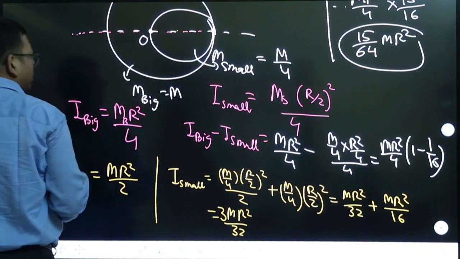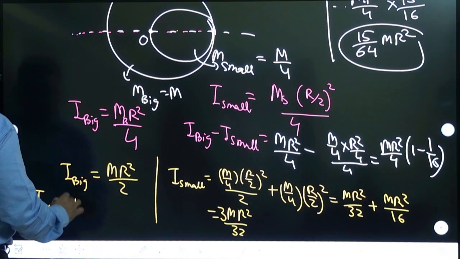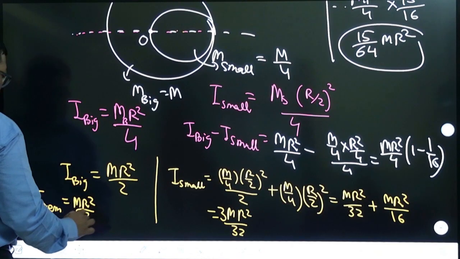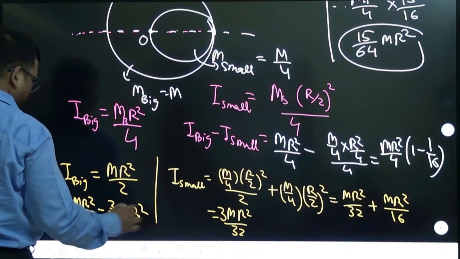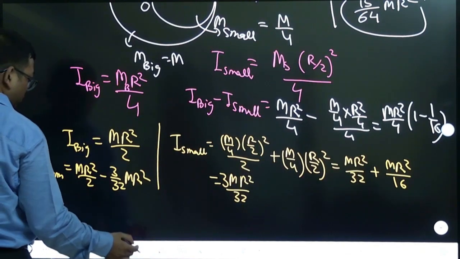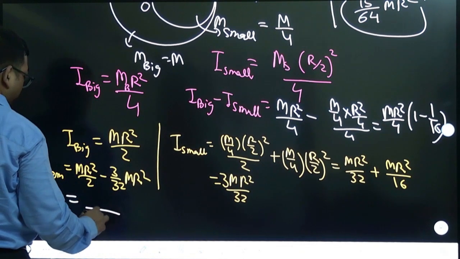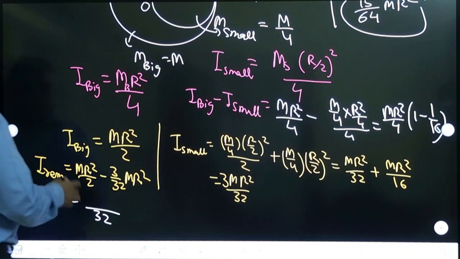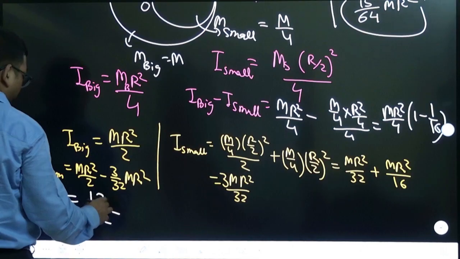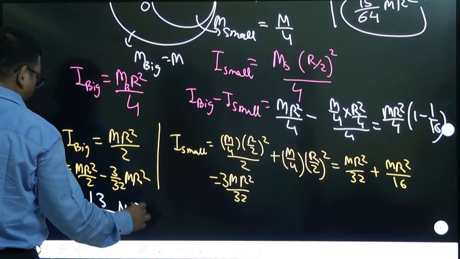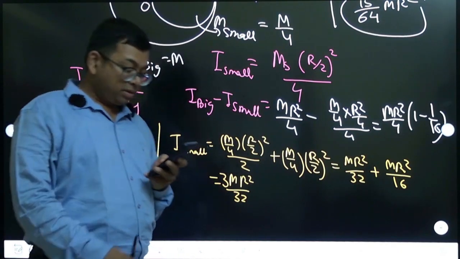Now if I calculate about this axis for the remaining one, I can use this Mr square by 2 minus 3 by 32 Mr square. So check this calculation now. 32 factor will come, and here 16 minus 3, 13. I think the key which is given is for this case, if you take the perpendicular axis.